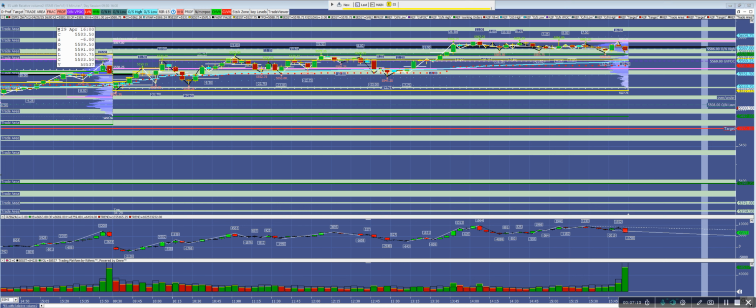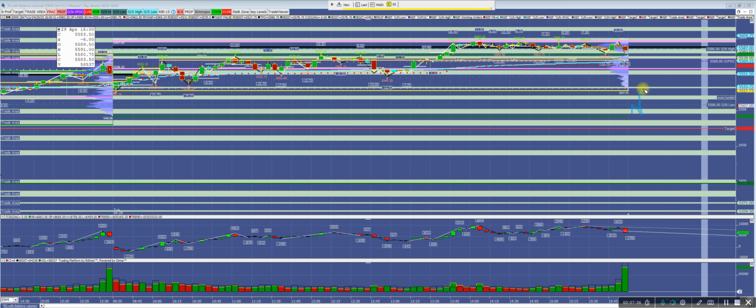So hypo number 2 is an open auction out of range. Oh, wrong one. Open auction out of range. Sorry. Oh, I'm not having good luck this morning. Okay, open auction out of range.